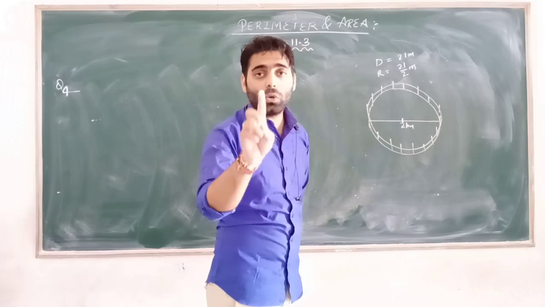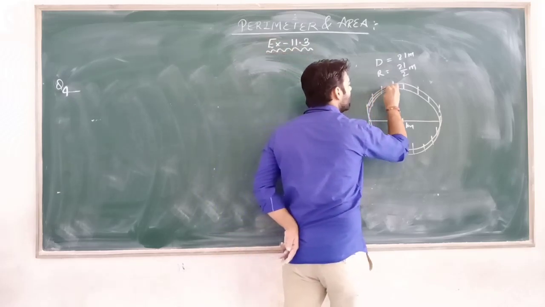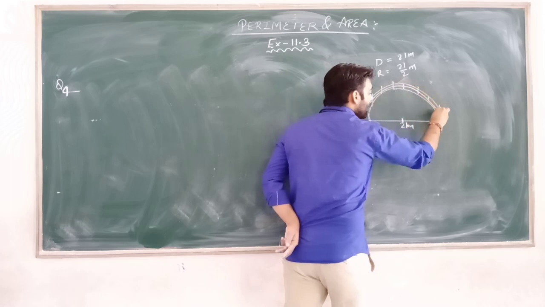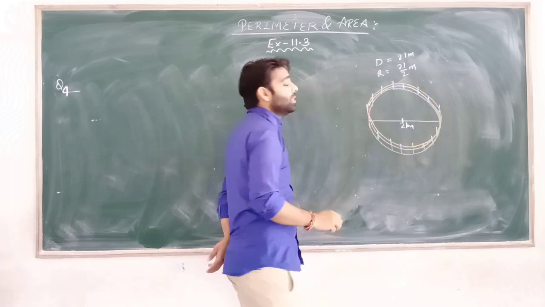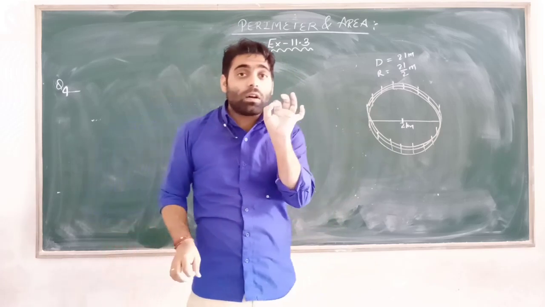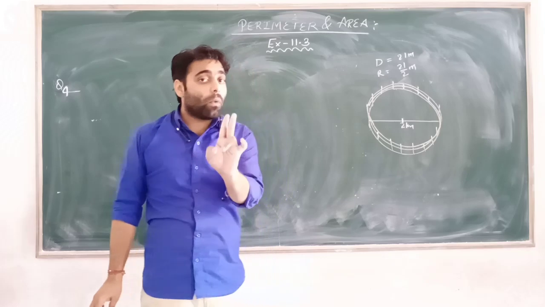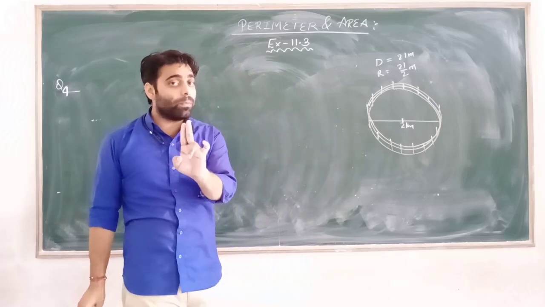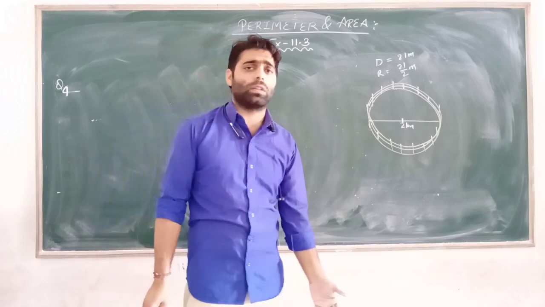And this will happen 2 times. He will bound it twice, not only 1 time. For this purpose, he needs rope. The cost is given as 4 rupees per meter.